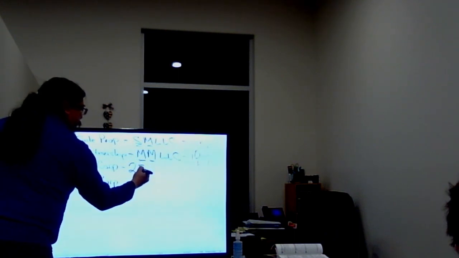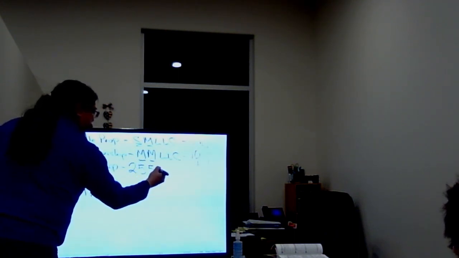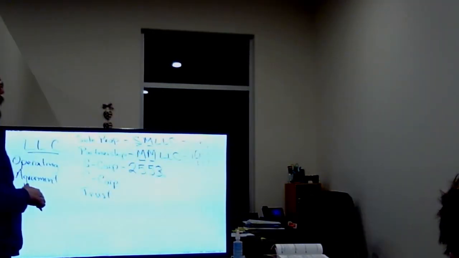So an S corporation and C corporation are both types of corporations. An S corporation, the S stands for Small Business Corporation. And this is either a corporation or an LLC that has filed a Form 2553, which is your choice.